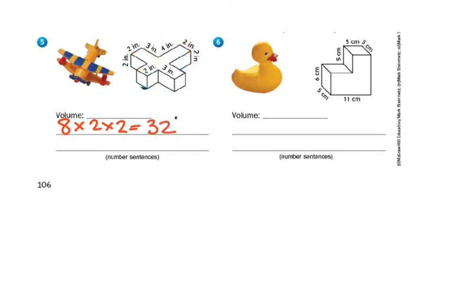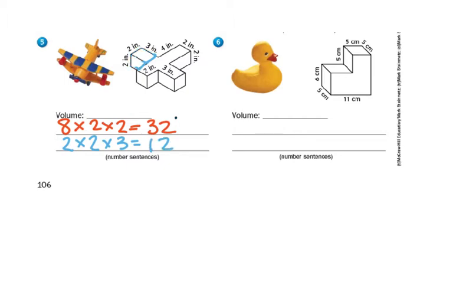So let me erase that so it doesn't get in the way. The next one is 2 times 2 times 3, and this is this portion of it. So the next one would be 2 times 2 times 3. 2 times 2 is 4. 4 times 3 is 12.